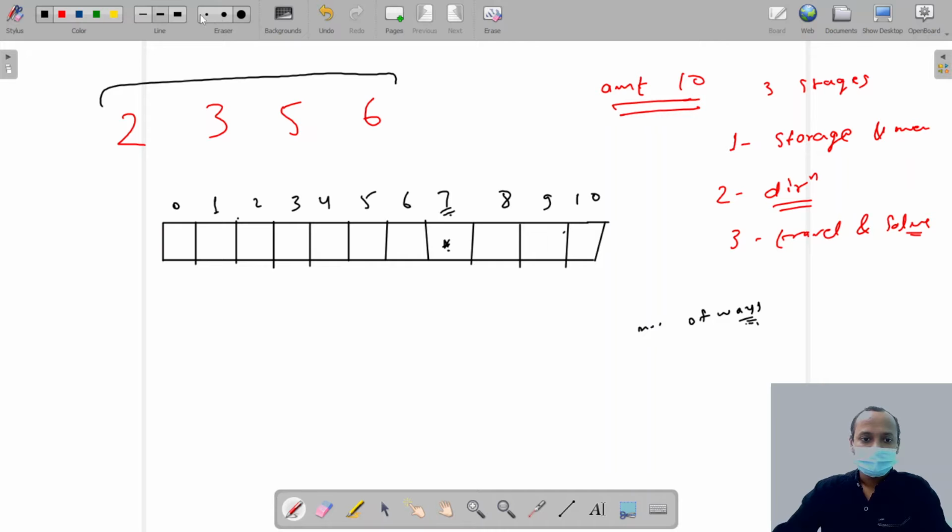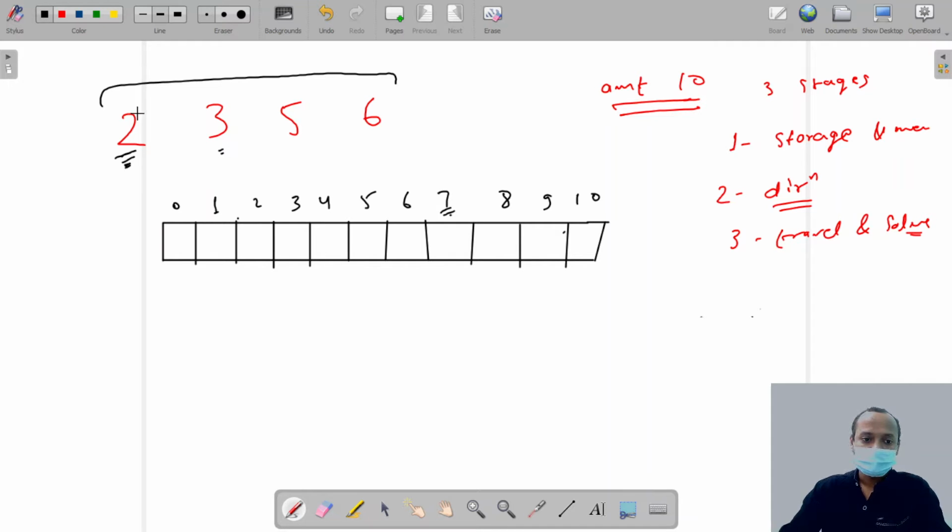Now tell me, if you see we have to tell only combination, not permutation. So it means if we are using the two rupees coin, then it never comes after the 3 rupees coin.